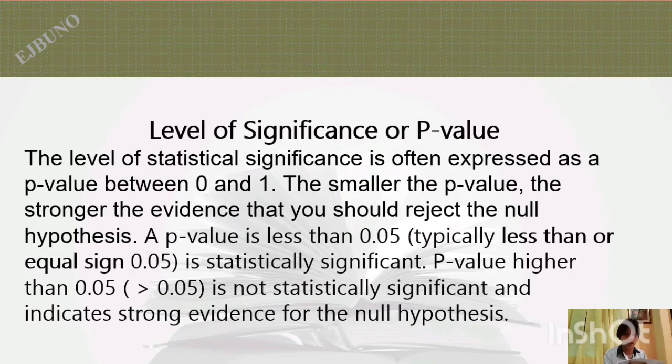A p-value less than or equal to 0.05 is statistically significant. A p-value higher than 0.05 is not statistically significant and indicates strong evidence for the null hypothesis.